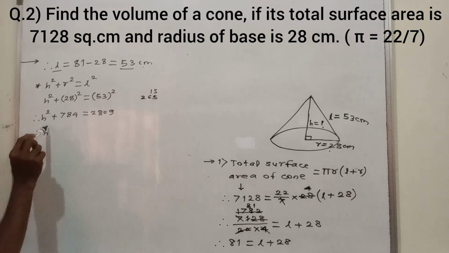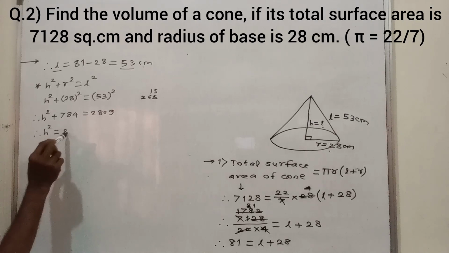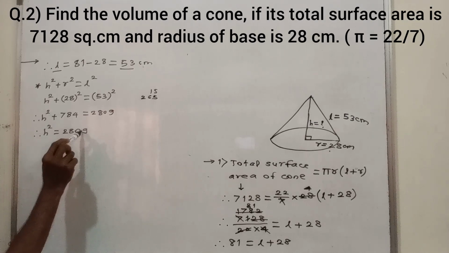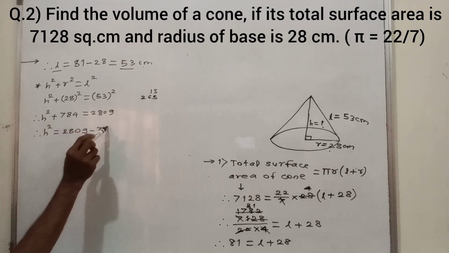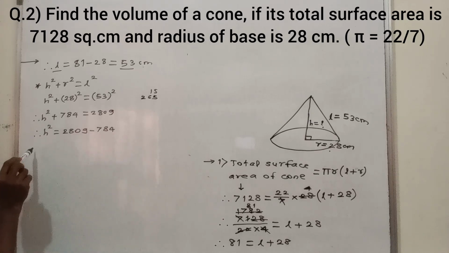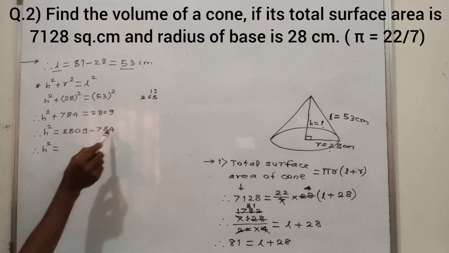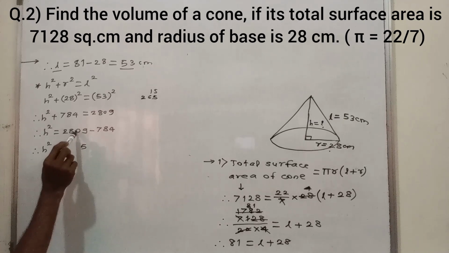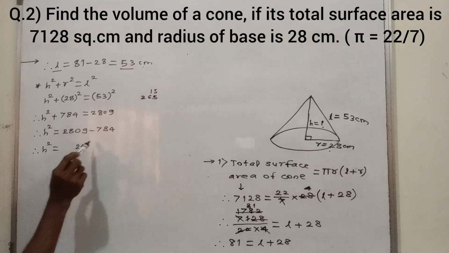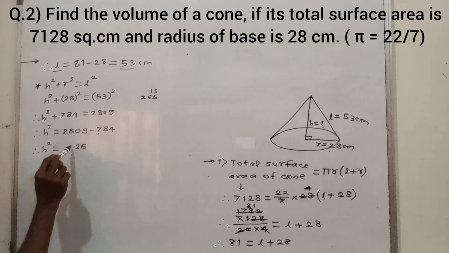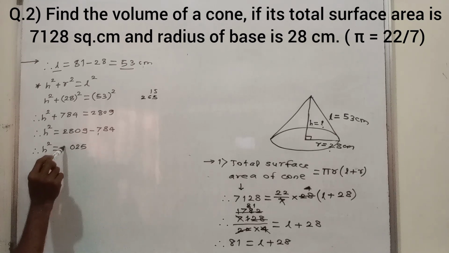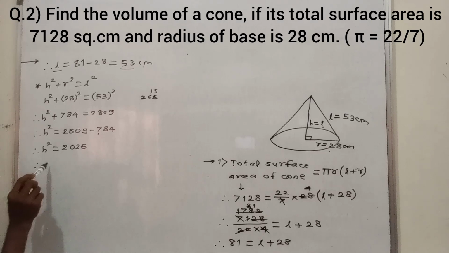Therefore h square is equal to 2809 minus 784. Therefore h square is equal to 2025.